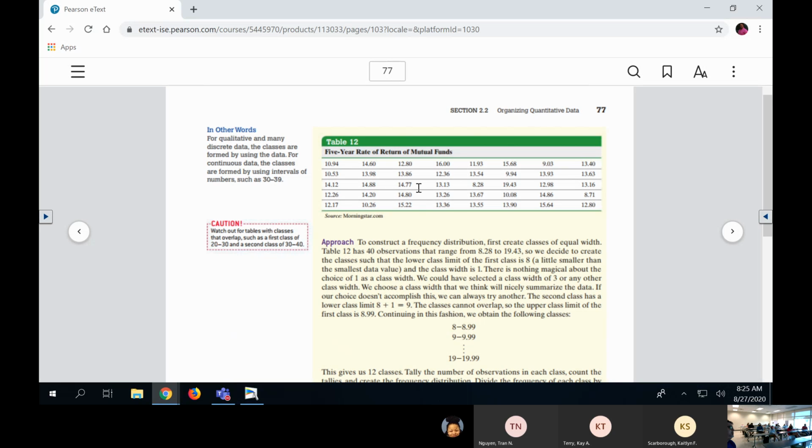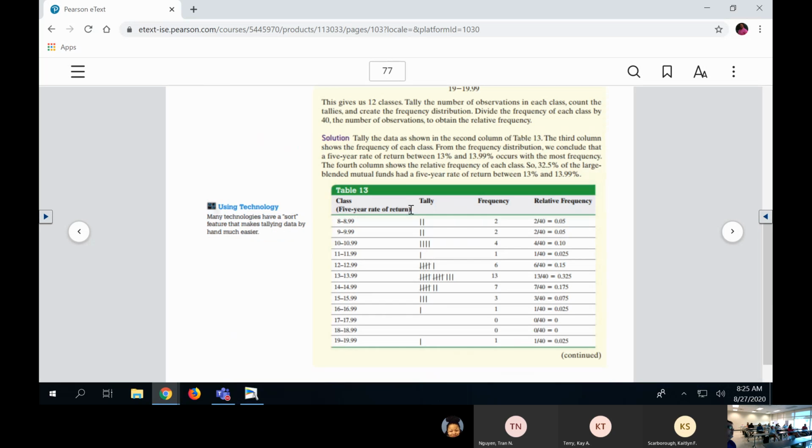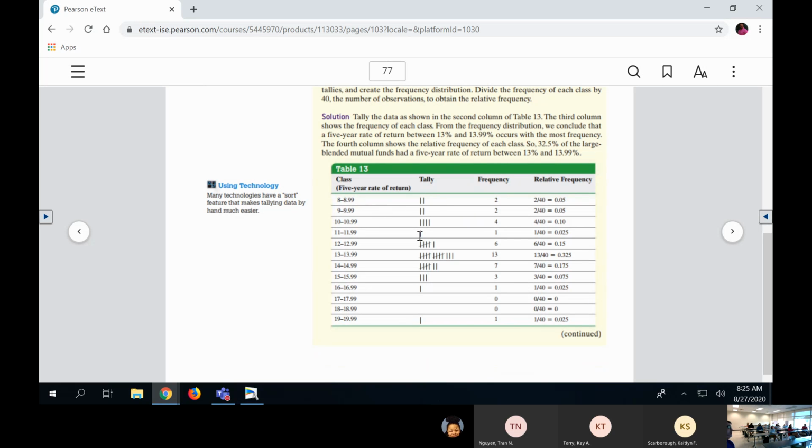And I'll show you how to do this on an Excel spreadsheet also. The reason I use the Excel spreadsheet is not because I want you to use it, but because it puts everything on the board where you can see everything. And if I try to write it on the board, I won't be able to put everything on the board the same size like the Excel spreadsheet. That's why.